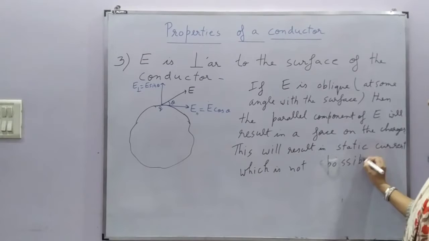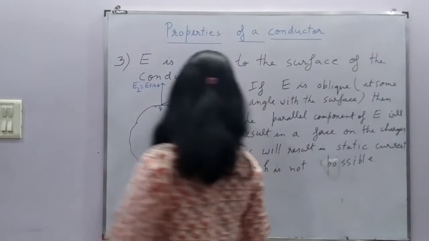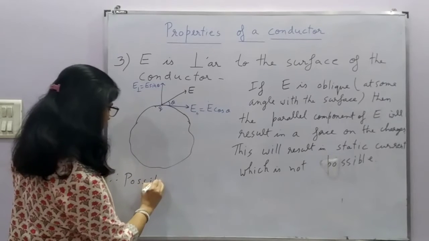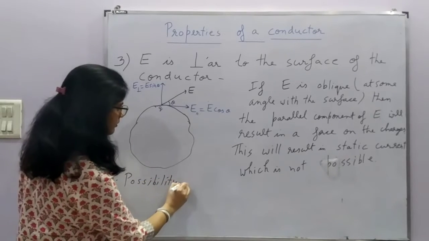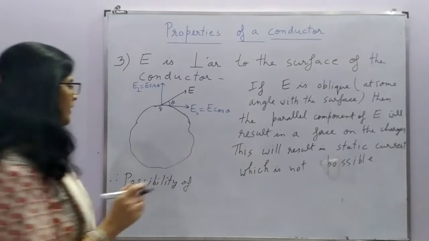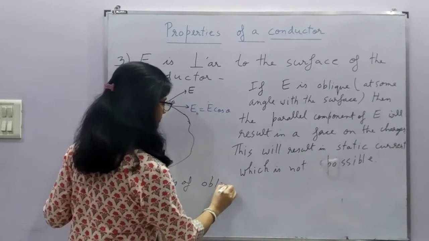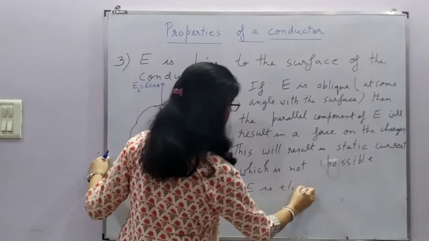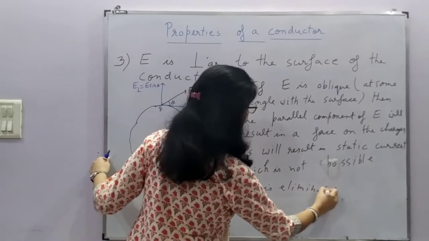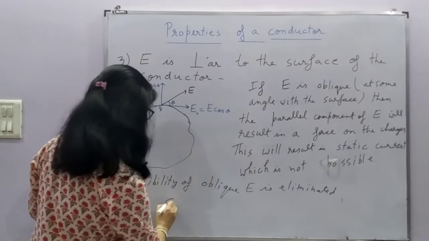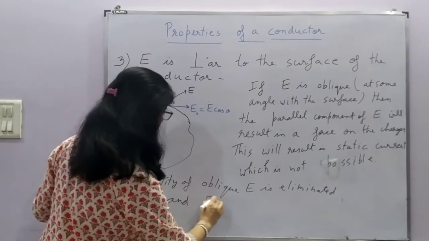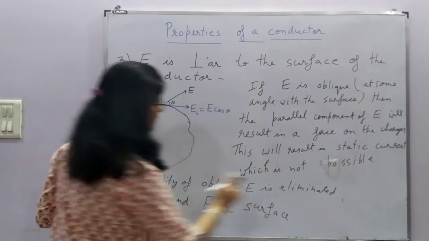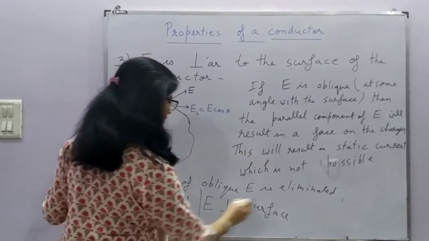Therefore, the possibility of an oblique electric field is eliminated, and E is always perpendicular to the surface, right? So I think this is clear.